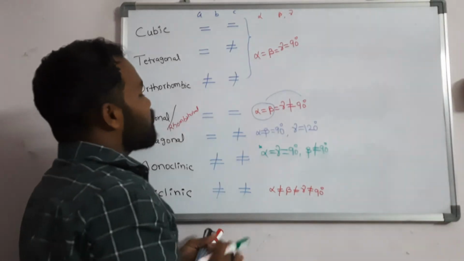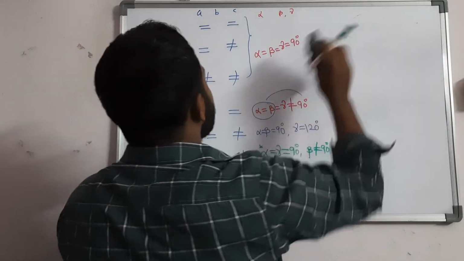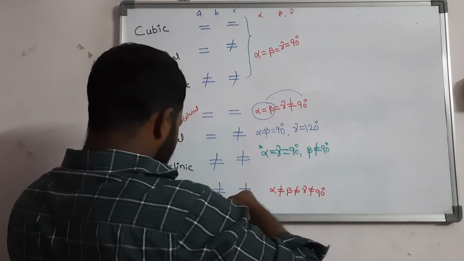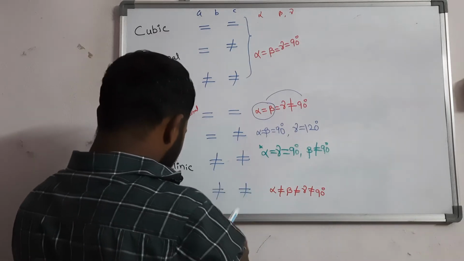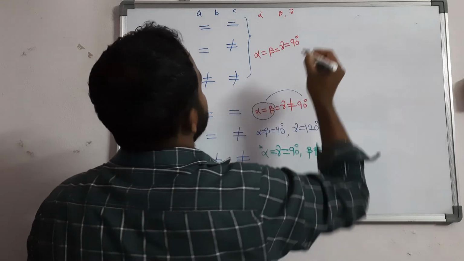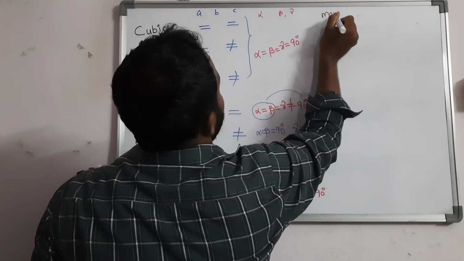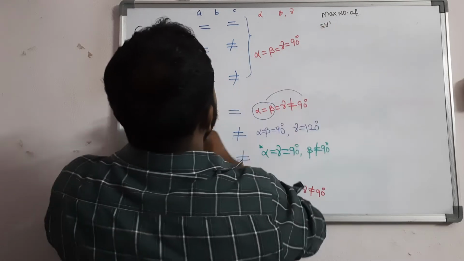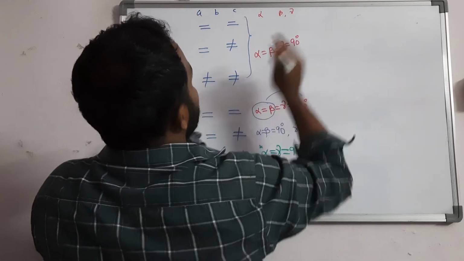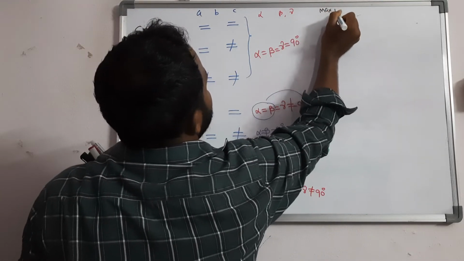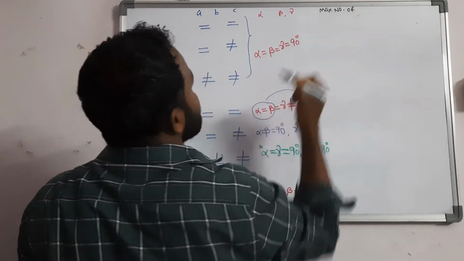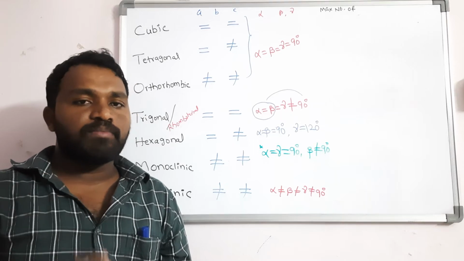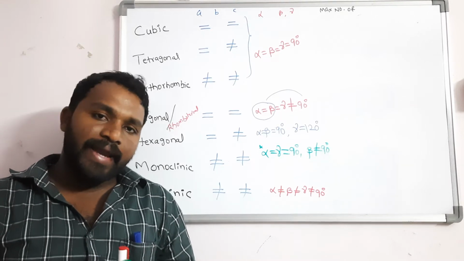Then next I am going to discuss the maximum number of symmetry elements, right? Especially I am going to discuss the plane of symmetry and the axis of symmetry.